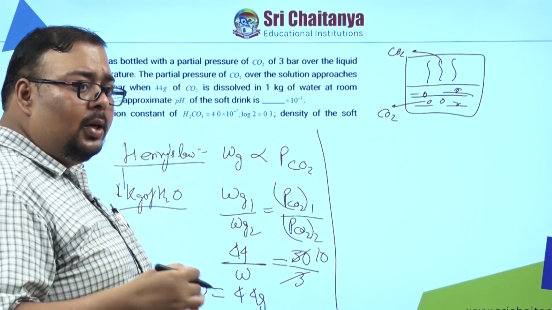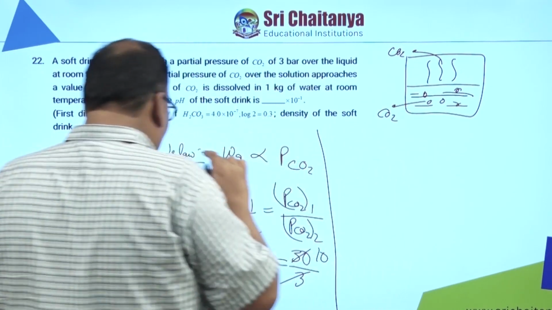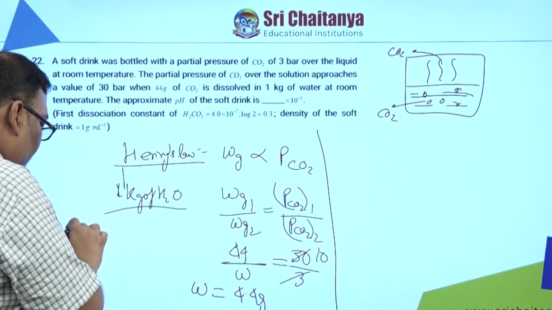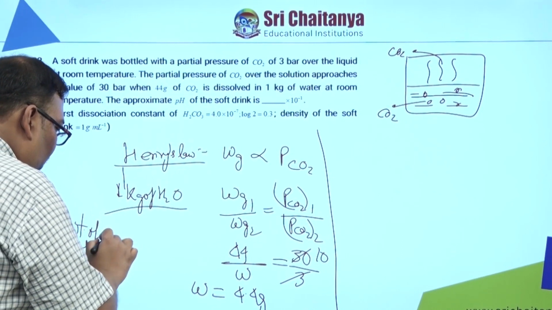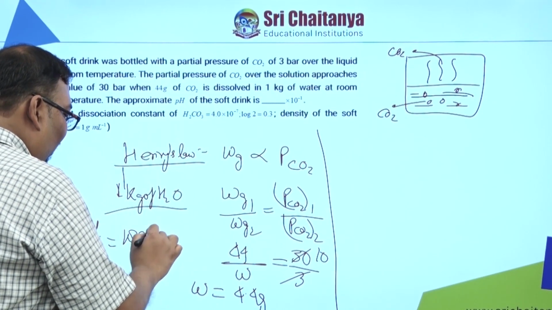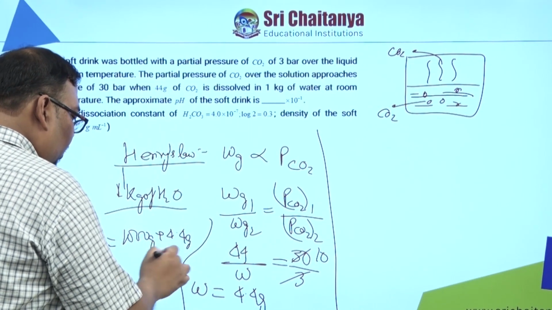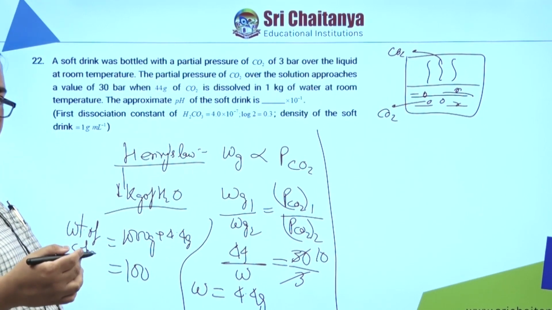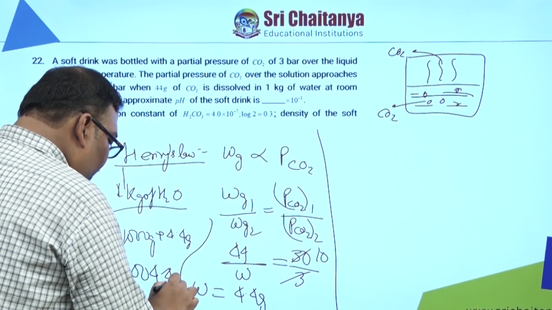Okay, so if I am talking about the concentration of CO2 in the aqueous solution, then we have to first calculate the weight of the solution. 1 kg of water means 1000 grams of water plus you are having 4.4 grams of CO2. So the total weight of the solution will be weight of solvent plus weight of CO2, that is 1004.4 grams.